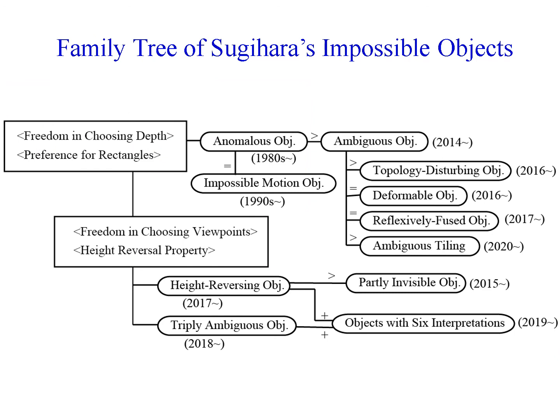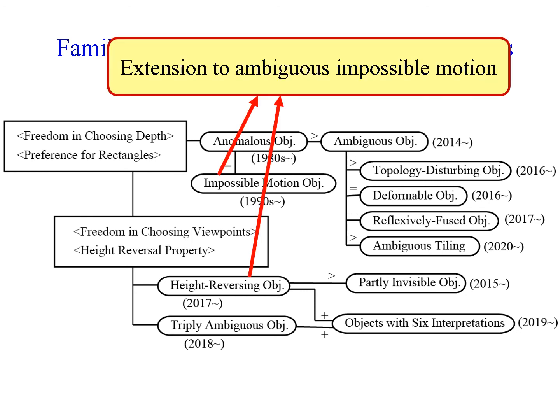This kind of family tree not only makes us understand the relation among existing classes of impossible objects, but also suggests further directions of future research. For example, a new class, which might be called ambiguous impossible motion object, might be created by combining the principle behind the impossible motion object and the height reversing object, and so on.